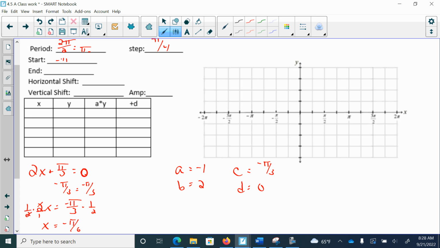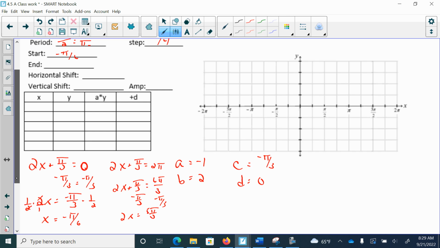That's my start. To find my end, I take that 2x plus pi over 3 and set it equal to 2 pi. I want to write this 2 pi with the denominator 3, so I'm going to make it 6 pi over 3. Now I subtract pi over 3 from both sides, and I get 2x is equal to 5 pi over 3.